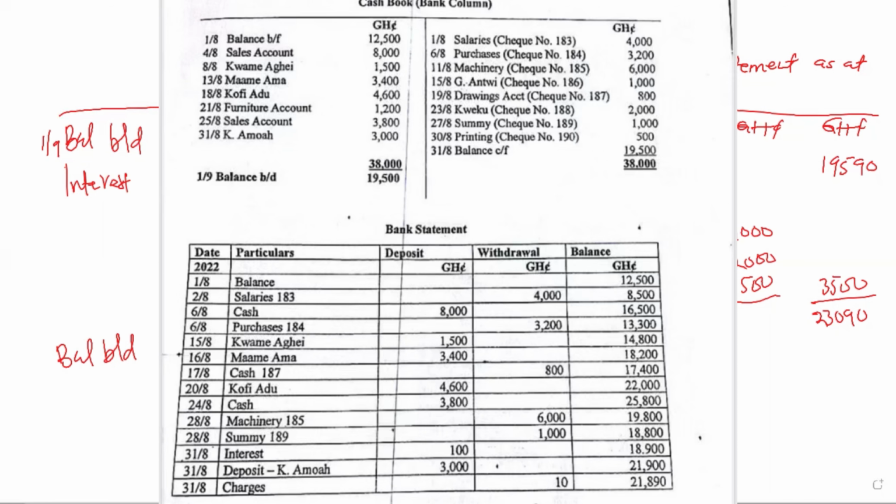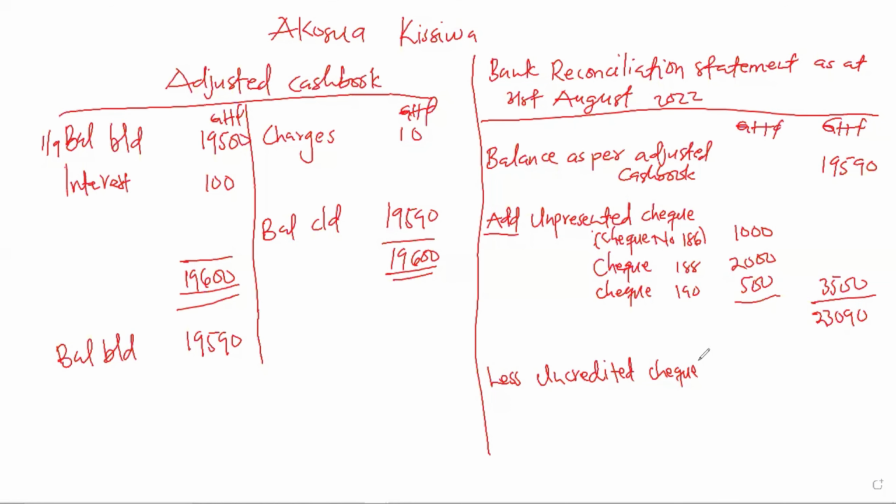The first is the sales account, which is 8,000. We are checking from the debit side to the deposit side, because the deposit side shows the credit side of the bank statement. So 8,000, we can see 8,000. 1,500, we can see 1,500. 3,400, we can see 3,400. 4,600, we can see 4,600. 1,200, we can't find 1,200 here.